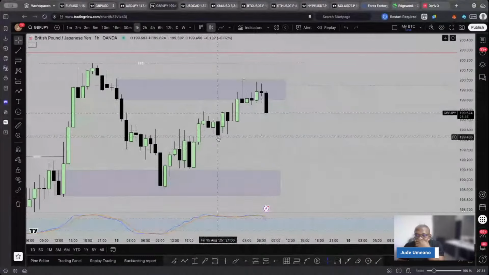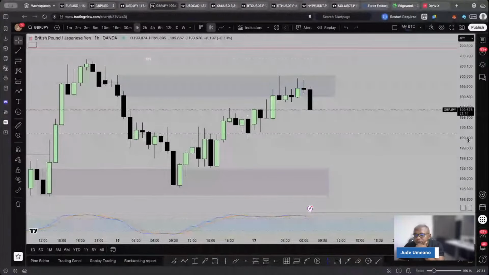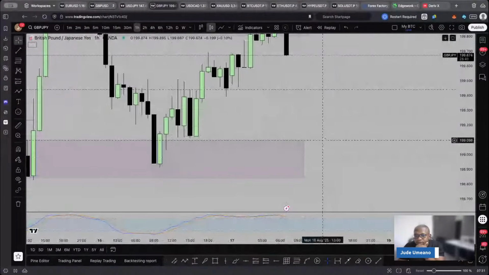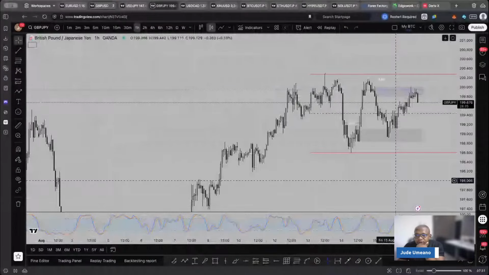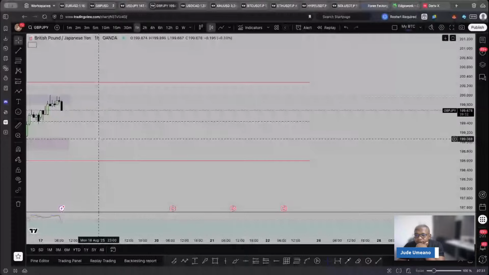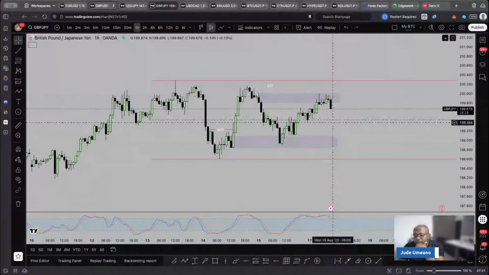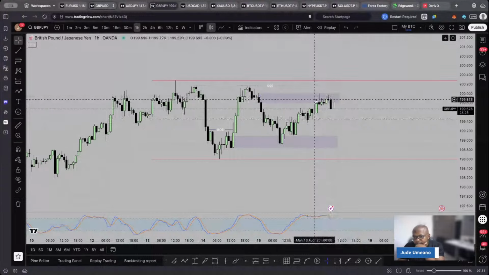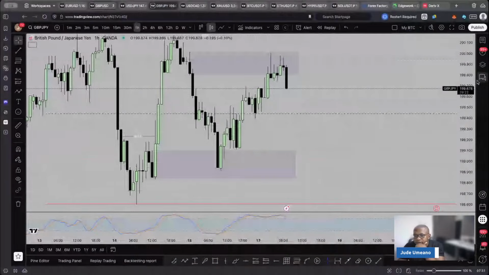The other reason we can consider going lower is that there's really no demand zone here. We can consider going lower and breaking out of this range if we start seeing structure breaking to the downside from here. So let's see if we can see that.